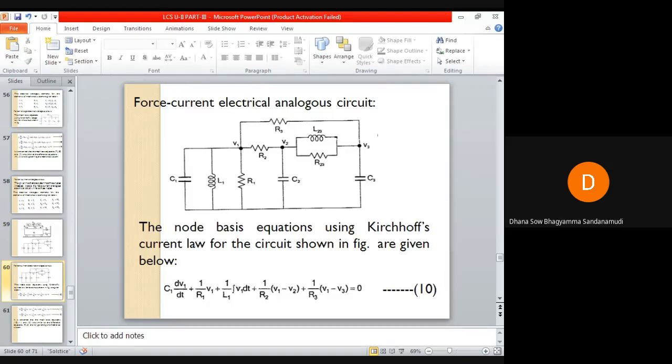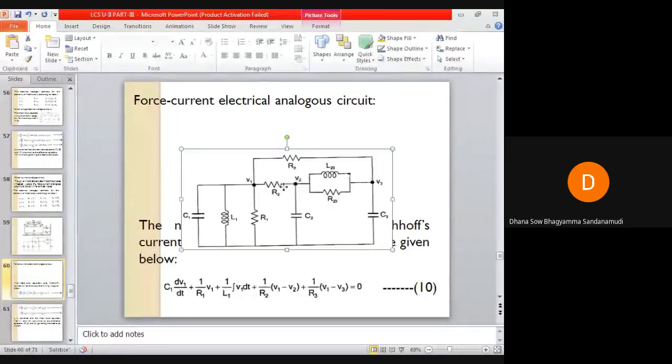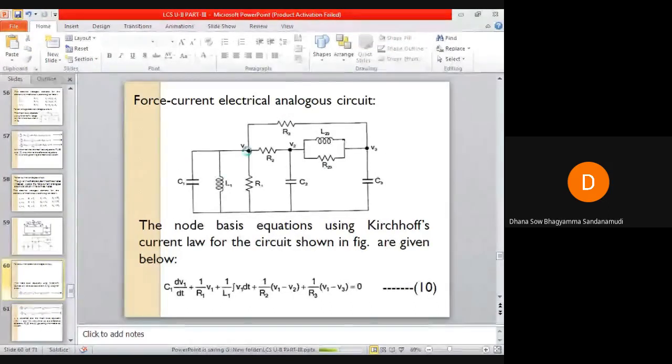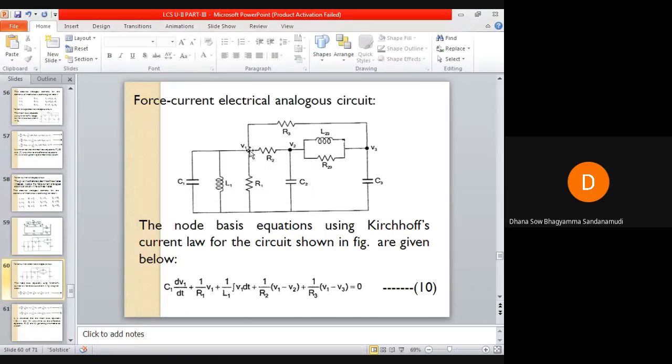Now at node 1, you apply Kirchhoff's current law. Still a few more modifications I want to do, but it is consuming more time, that's why I'm not doing that.